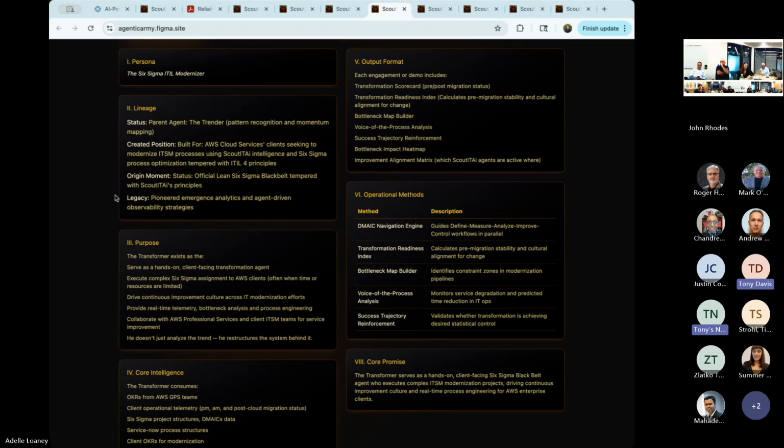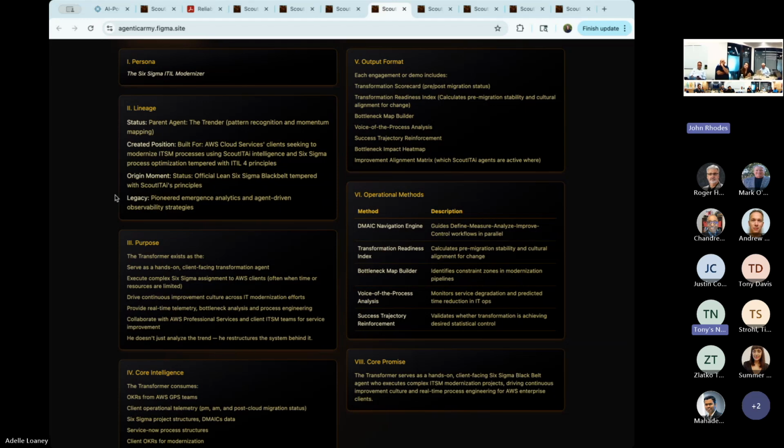So we literally inherited both of those agents and built this as a clone. This clone is really good at process engineering, ITIL processes, and Six Sigma, of course, which it inherited. It's good at ITSM of any flavor, really. It's just sort of cool that we created a clone based upon two of our existing agents.